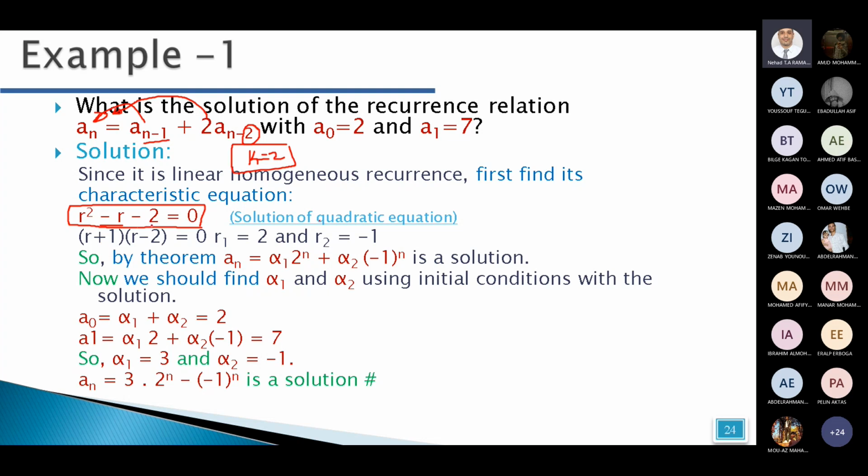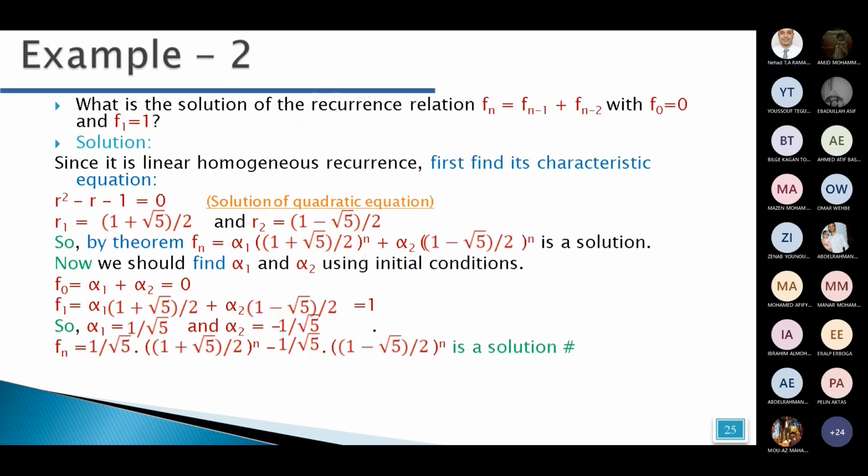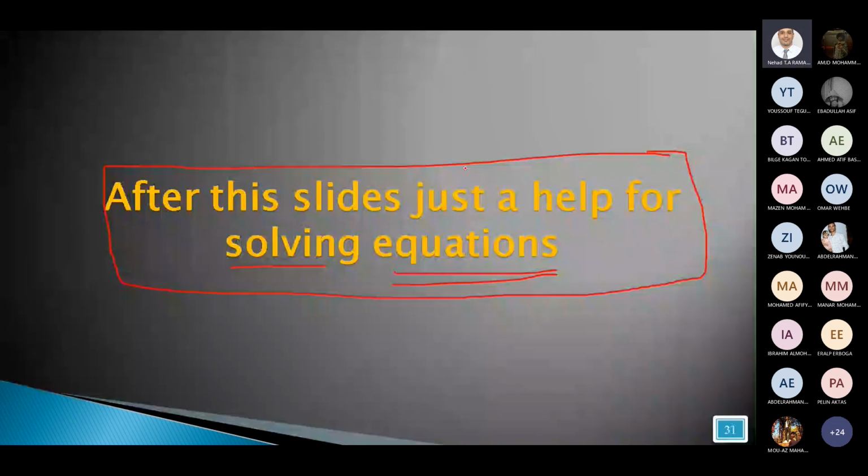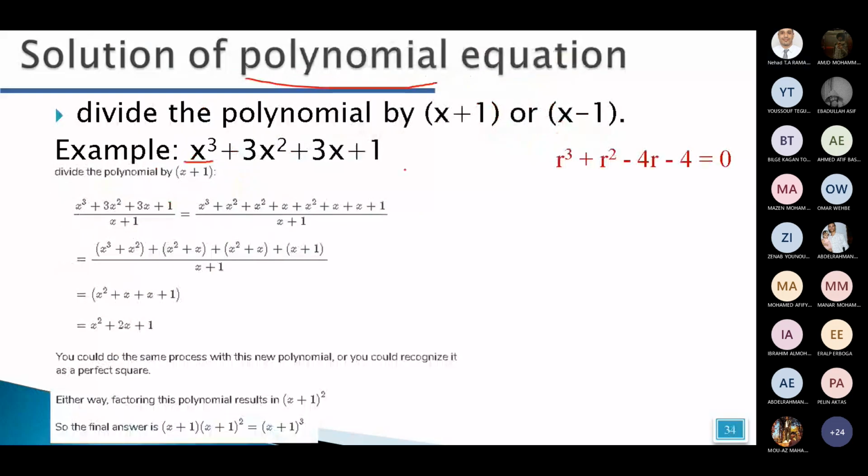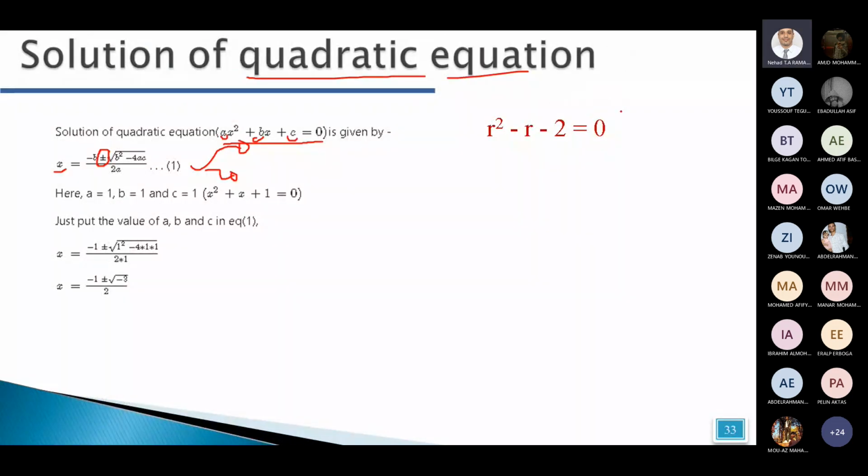So if we need to solve this one, let me copy it, okay? r power 2 minus r minus 2 equals 0. This equation, I need to solve it using this general rule. So this is our equation.